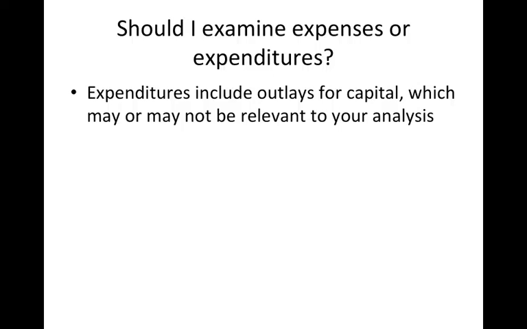On the other hand, if you're looking more broadly at the flows of resources through the governmental funds, capital expenditures are an important part of that, and you'll want to know whether things that are sources of financing that are strictly capital financing are fully supporting those capital expenditures, or if they're drawing off resources that might otherwise be used for operating purposes.